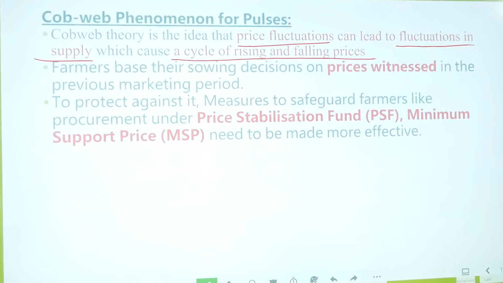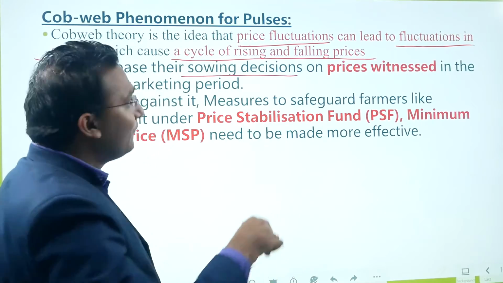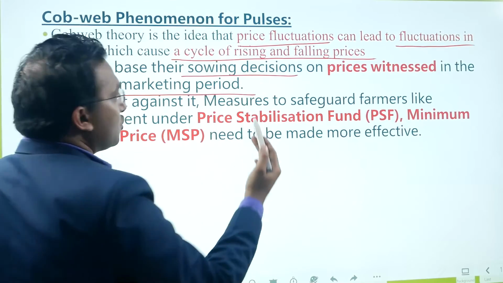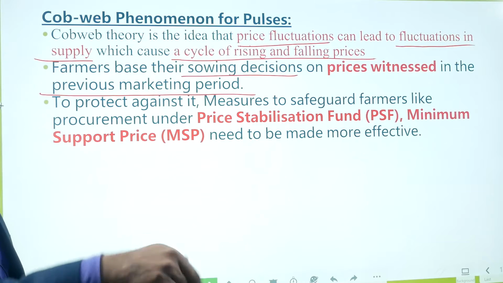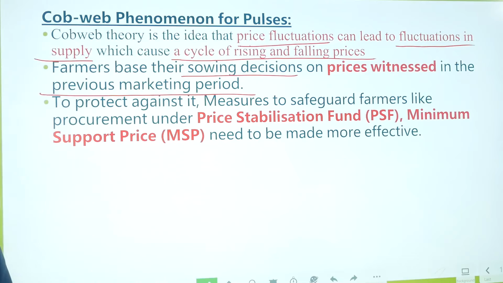The farmers base their sowing or cultivation decision on prices witnessed in the previous marketing period. So if the prices in the last year are high, they tend to produce more goods. That increases their supply, which leads to a further decrease in the price in the next period.